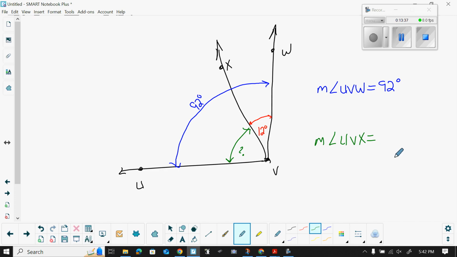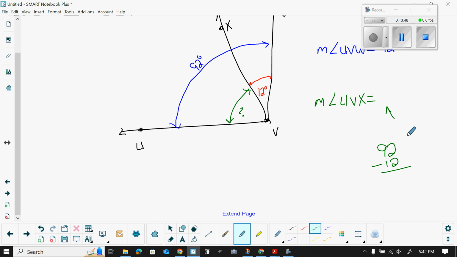So to find this answer right here, I would simply take 92 minus 12. If you've forgotten how to subtract without a calculator, 2 minus 2 is 0. 9 minus 1 is 8. UVX is 80 degrees. Subtraction is important.